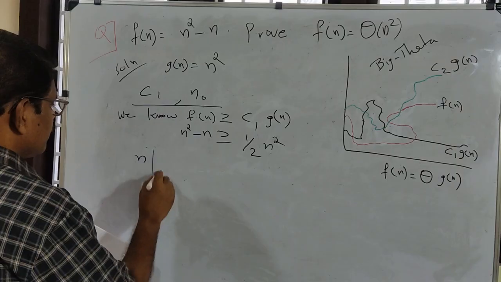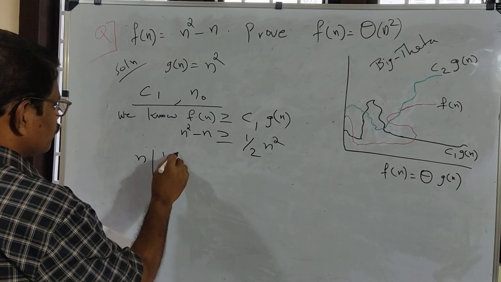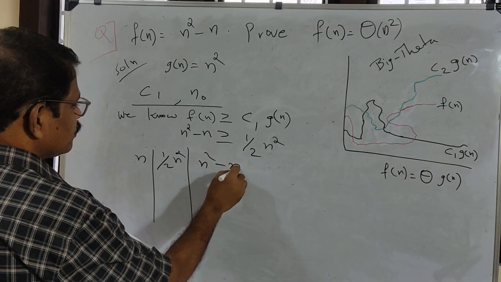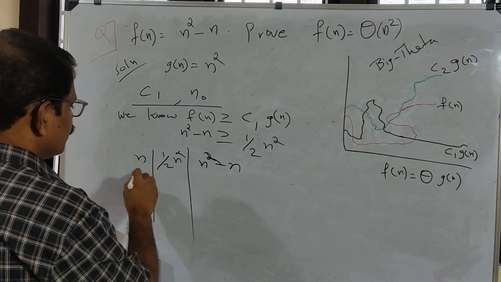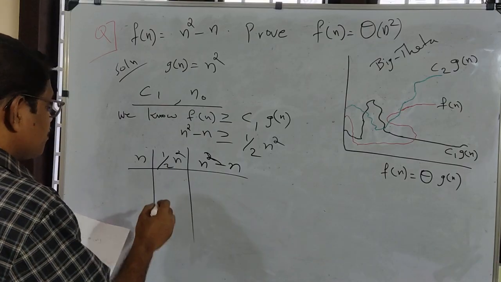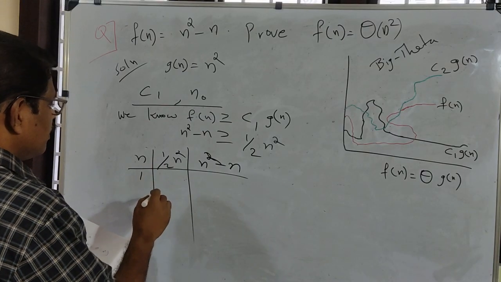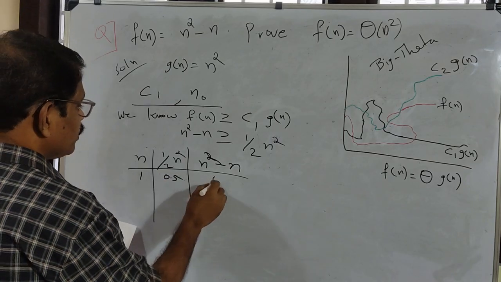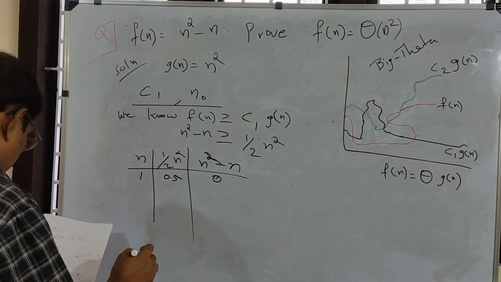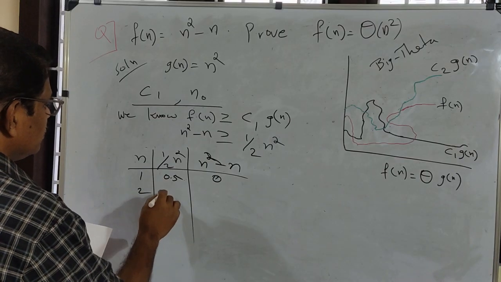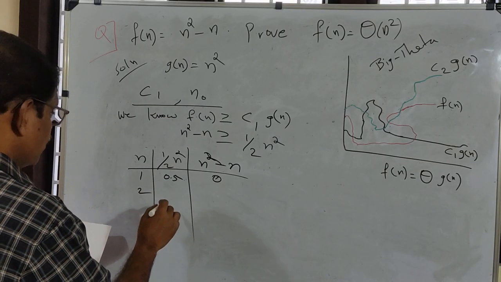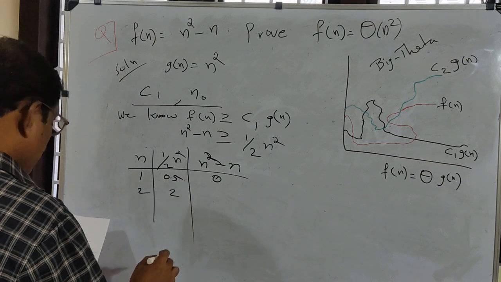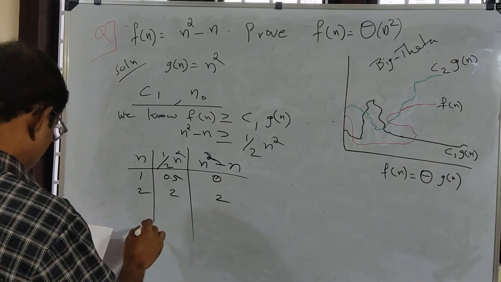N, then 1 by 2 n square and n square minus n. Let us put n equal to 1. It will be 0.5 and this will be 0, and when n equal to 2, it is equal to 2 and this also 2.